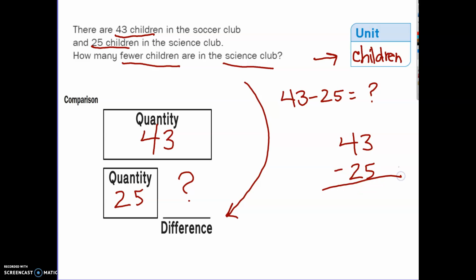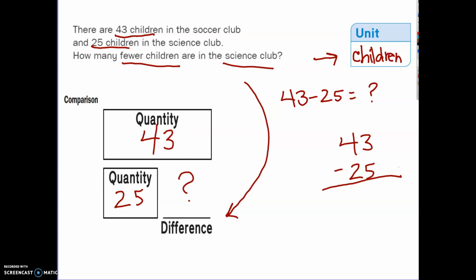Now, you may not be ready to solve a subtraction problem like this, and that's okay. In your math journal, you have number grids that you can use. We practiced using the number grids earlier this week. So you can start at 25 and count up to 43, or you can start at 43 and count back to 25.